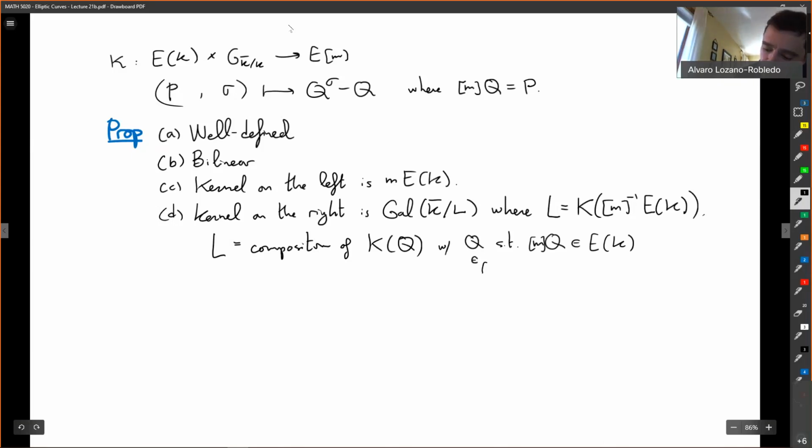So these are points on K bar such that M times Q is in E(K). So it's the compositum of all such fields.